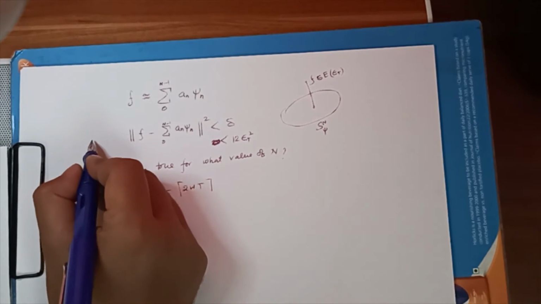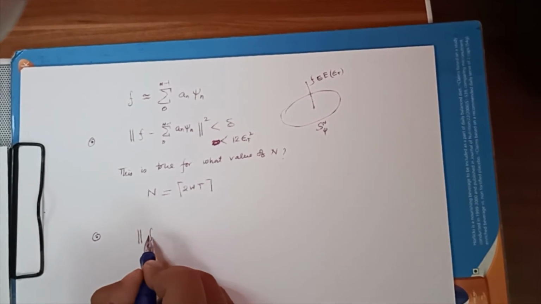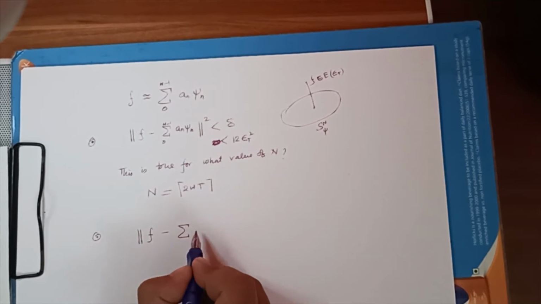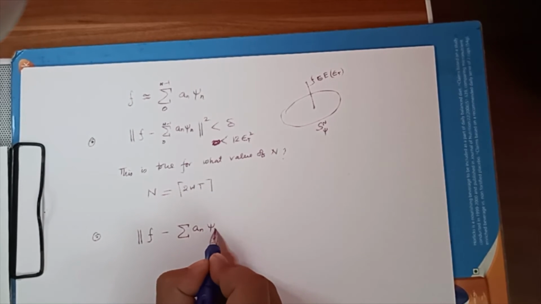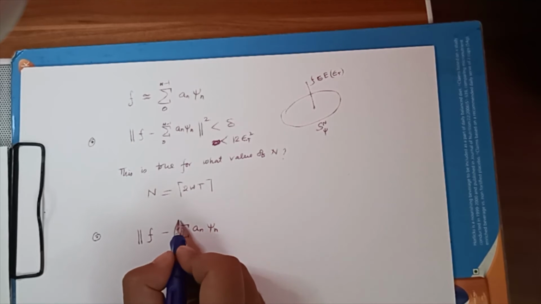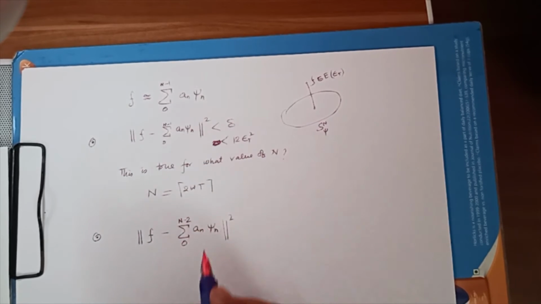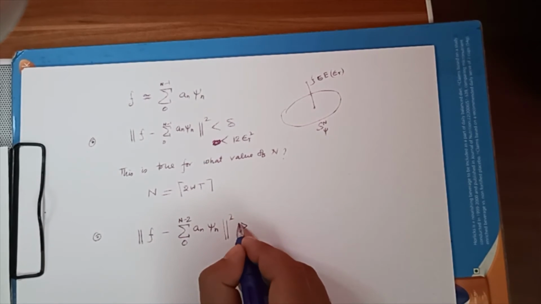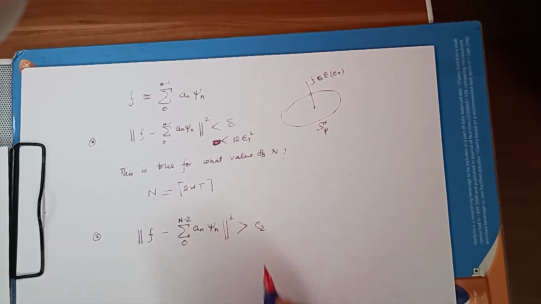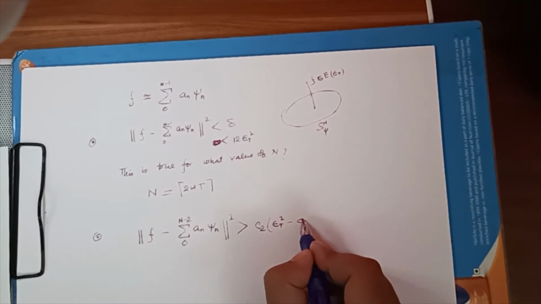So the second theorem which is proved is this: f minus a_n phi_n, if you go anything below that, say less than n minus 1, say n minus 2, for N equal to this, then that is not less than something, rather that is greater than some constant into epsilon t square minus some other function.